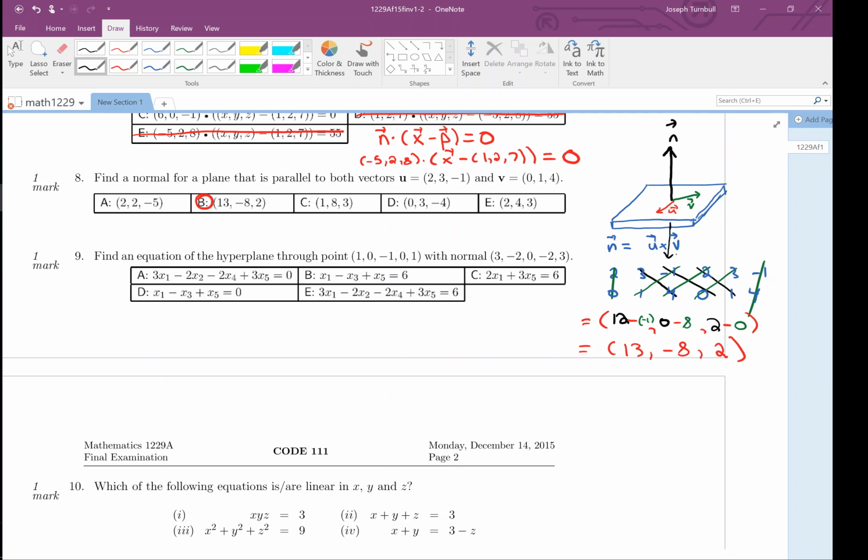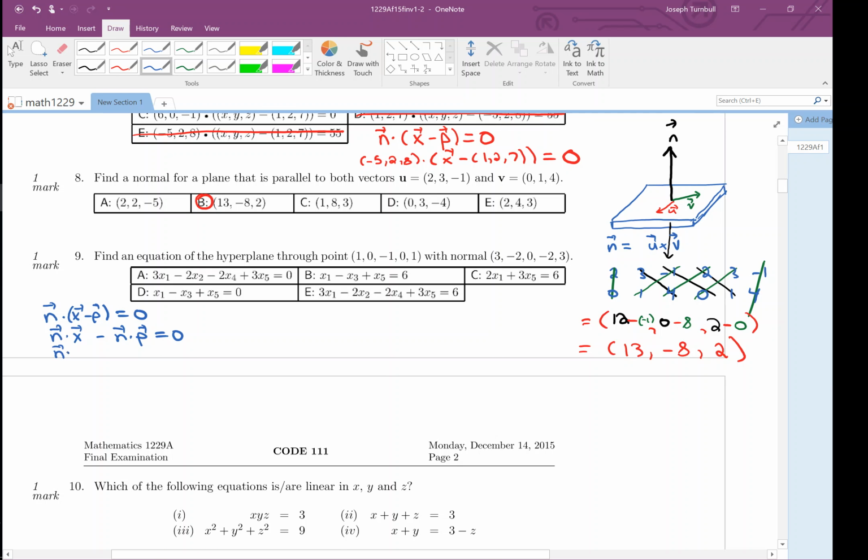Question 9. Find an equation of the hyperplane through the 5-dimensional point with the 5-dimensional normal vector given. So our equation of a plane and a hyperplane is n dot x minus p equals 0, which we can distribute that dot product, n dot x minus n dot p equals 0.